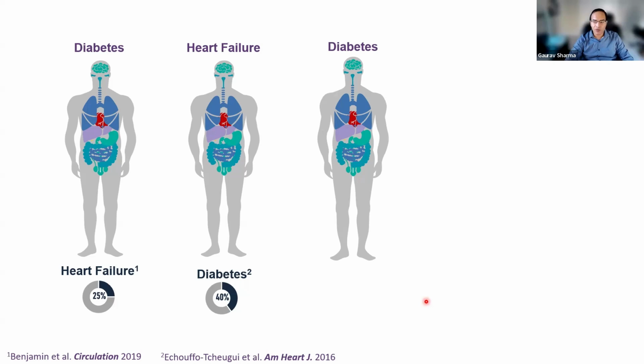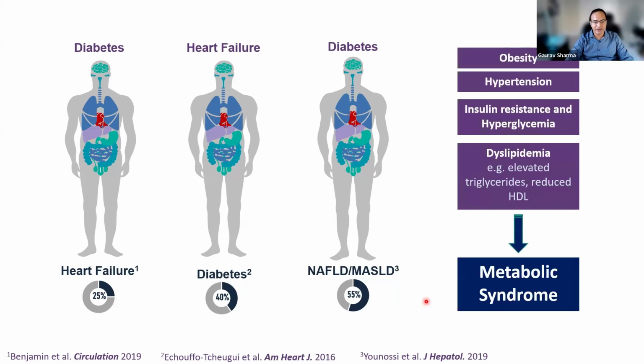These are comorbidities. Developing these comorbidities is a long process, which includes very complex and integrated factors that go together. For example, obesity, hypertension, insulin resistance, hyperglycemia, and dyslipidemia, meaning elevated triglycerides or reduced HDL.